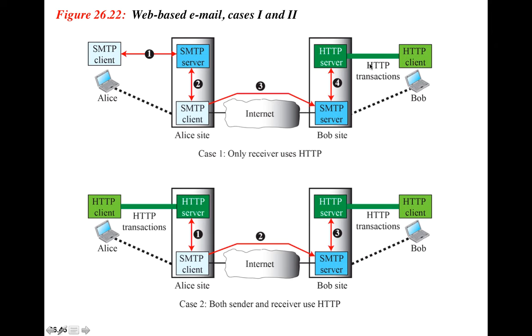We enter our login details and the HTTP server that's here takes the information and sends it over to the client. So the emails that we now receive are shown on the browser. We cannot download the emails, we can only see them online. We can download attachments, but not those emails. If we want to download those emails onto our machine, we have to configure the SMTP, the POP client or IMAP client on our machines.